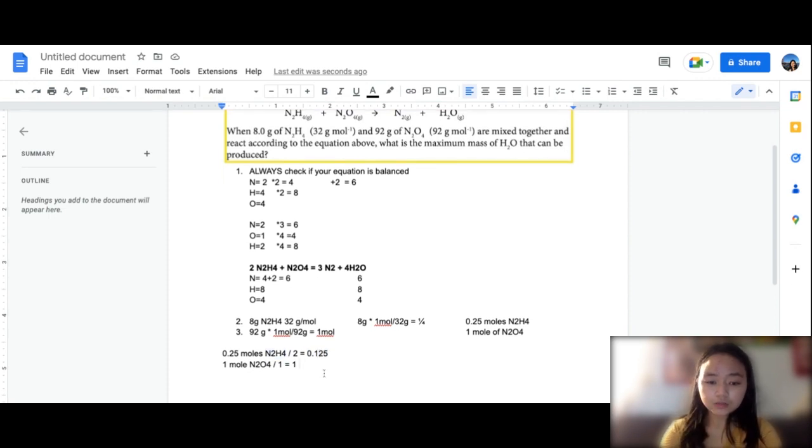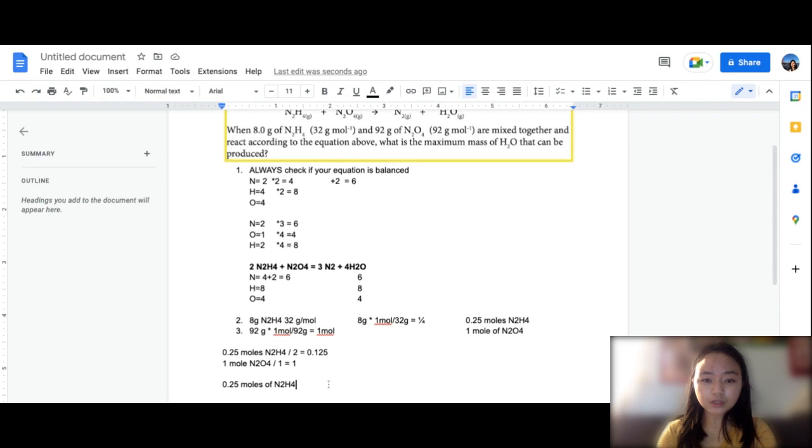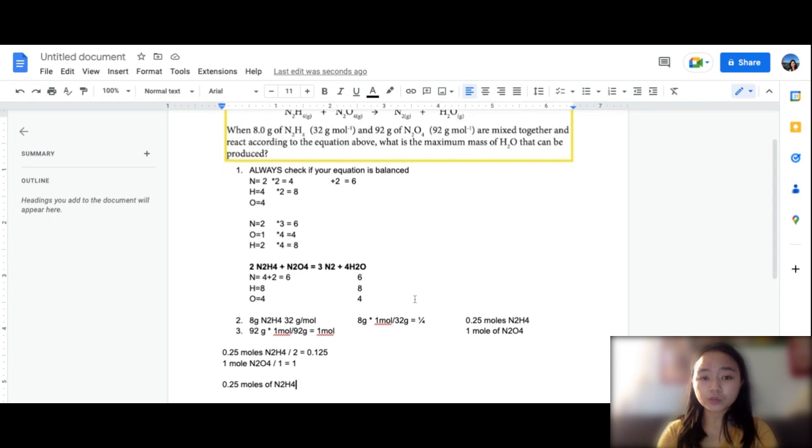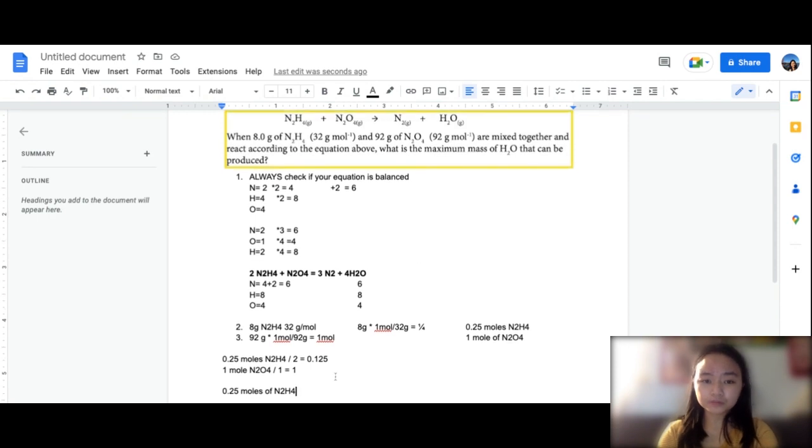So since we know we have 0.25 moles of N2H4, it almost doesn't matter how many moles of N2O4 that we have, because the reaction will stop at 0.25 moles of N2H4. So to figure out what 0.25 moles of N2H4 converted to water is, we can multiply by the mole ratio.